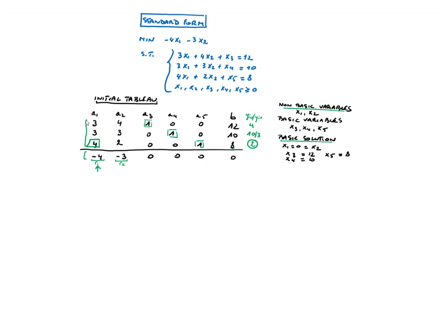And we know now that x1 is entering the base and x5 will be leaving the base. So what we need to do is create zeros above and below the pivot. So we'll have to do elementary operations.